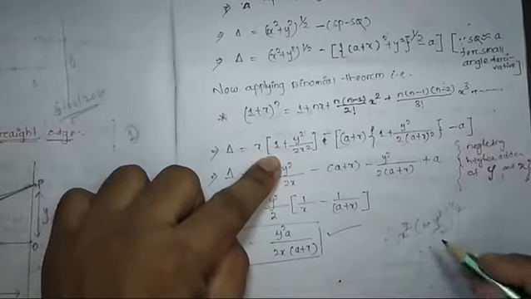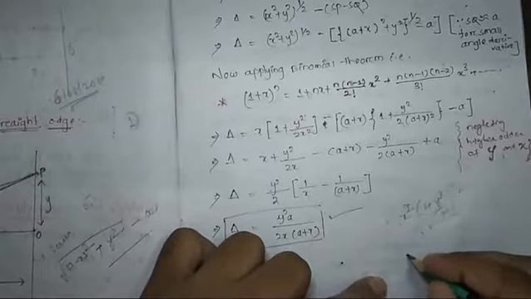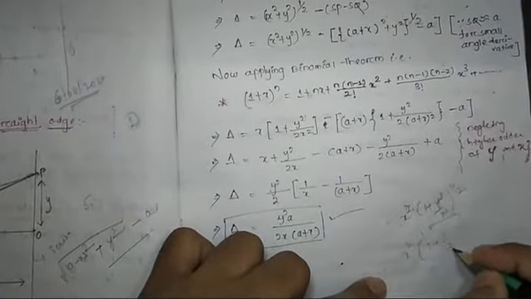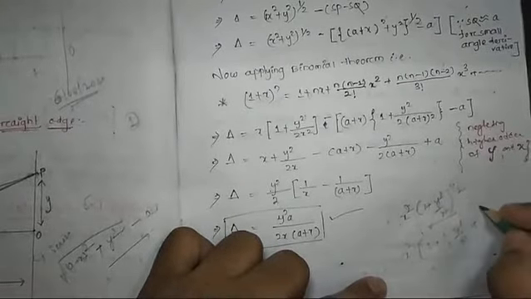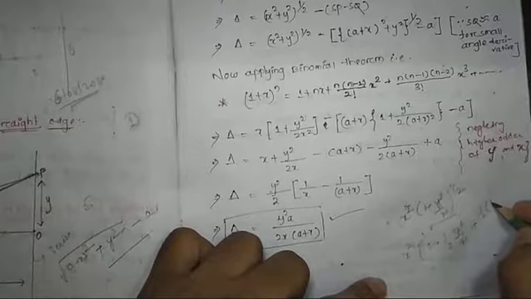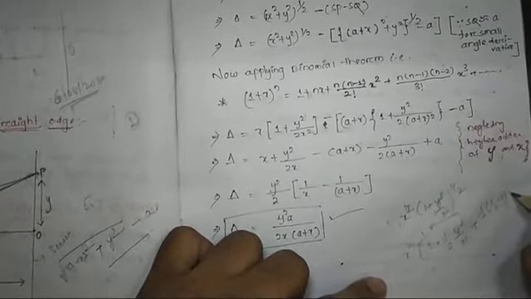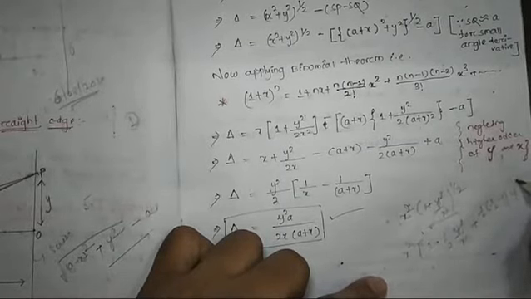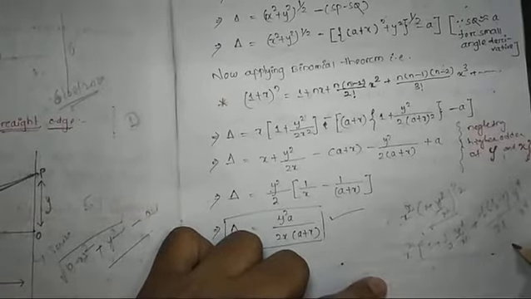This is expanded by the binomial theorem: 1 plus 1 by 2 y squared by x squared plus 1 by 2 into (1 by 2 minus 1) into y to the power 4 by x to the power 4 by 2 factorial, and so on.